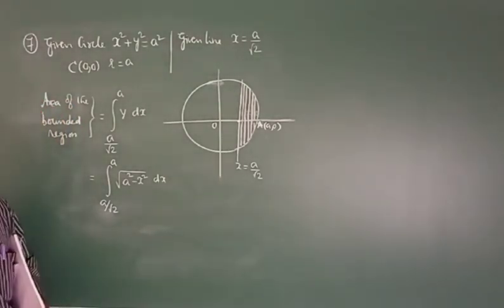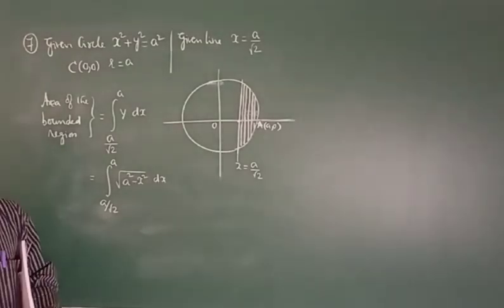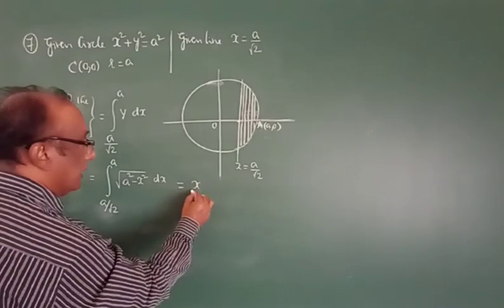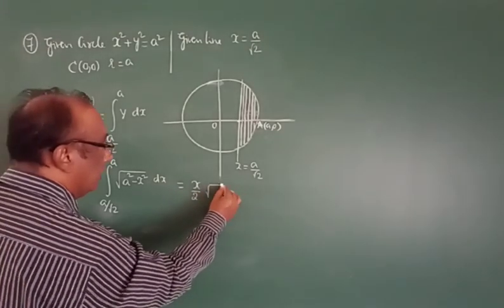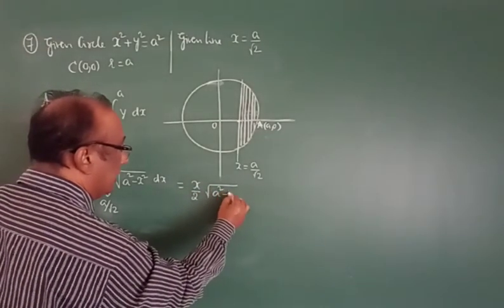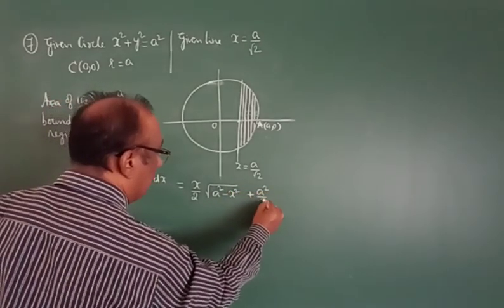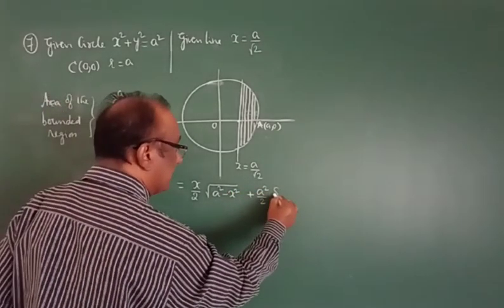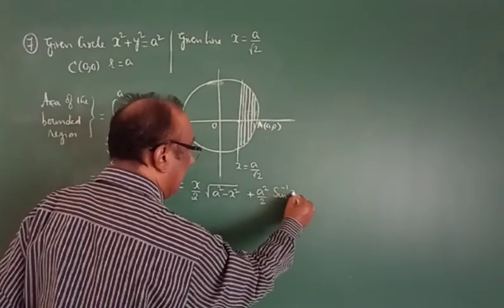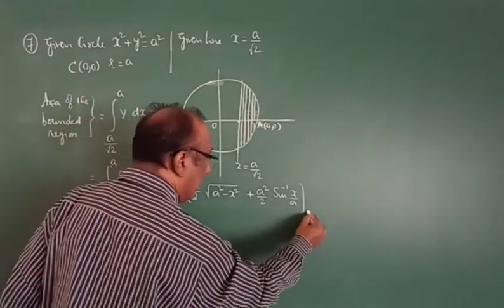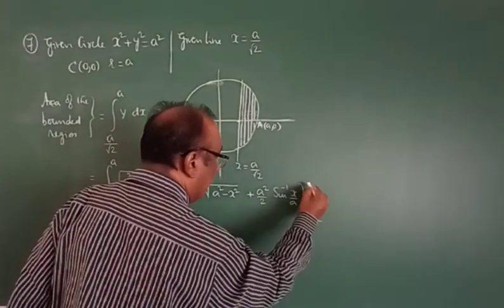The formula for root a square minus x square: x by 2 root over a square minus x square plus a square by 2 sin inverse of x by a. Limits are a by root 2 to a.